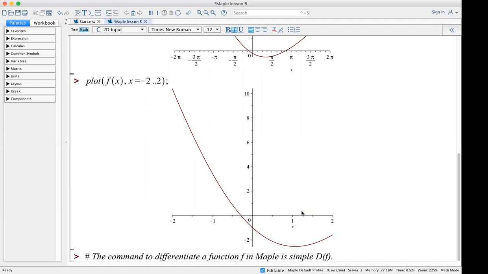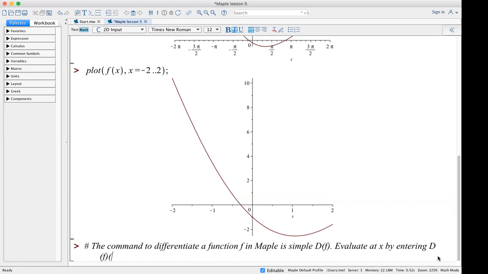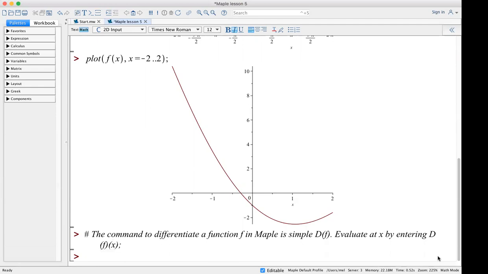And if you evaluate it at x, you evaluate at x by entering D of f evaluated at x.